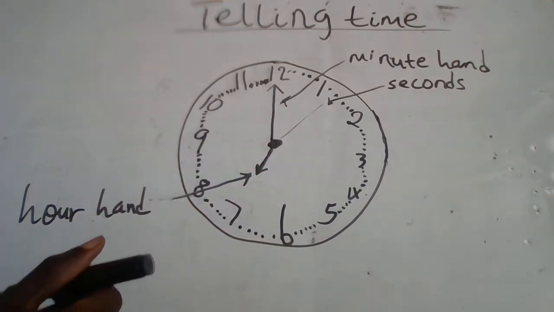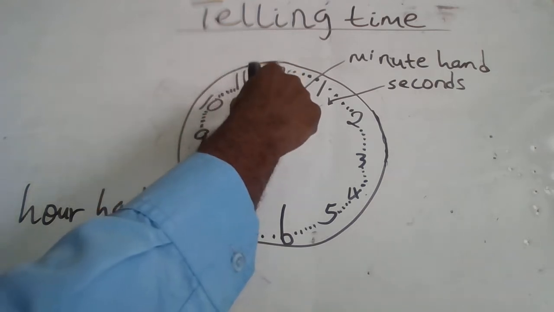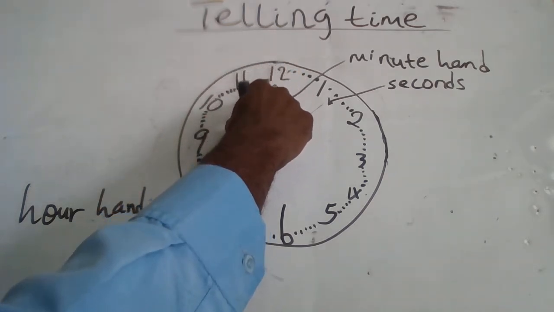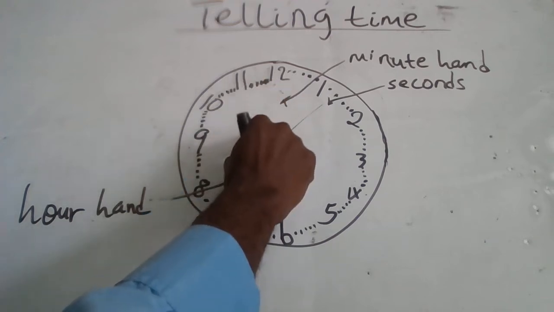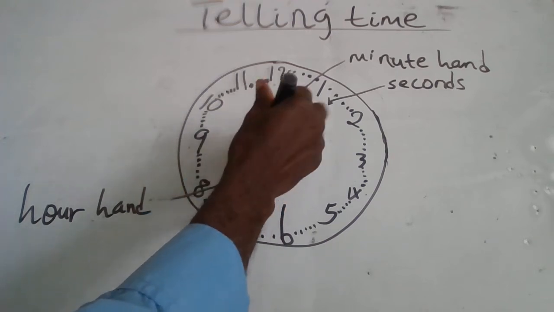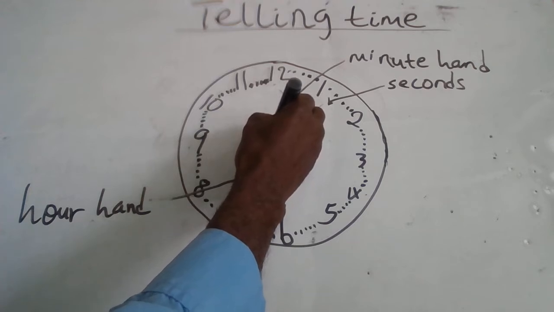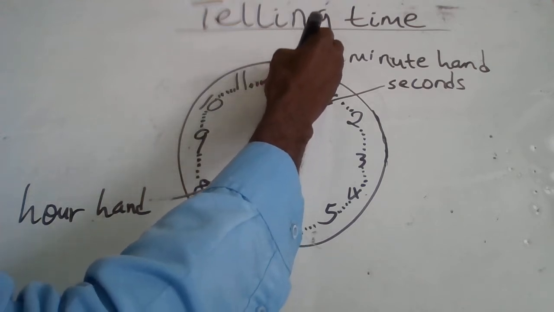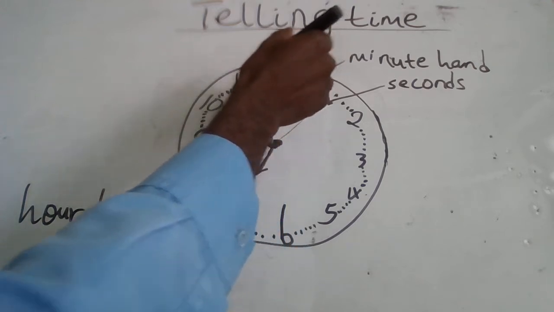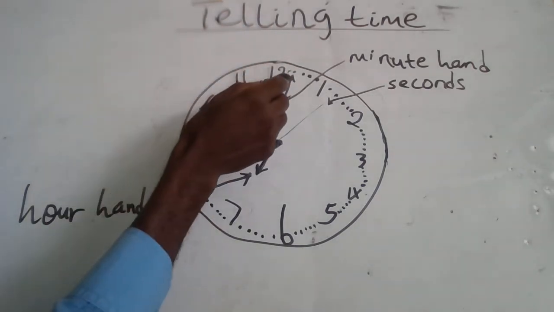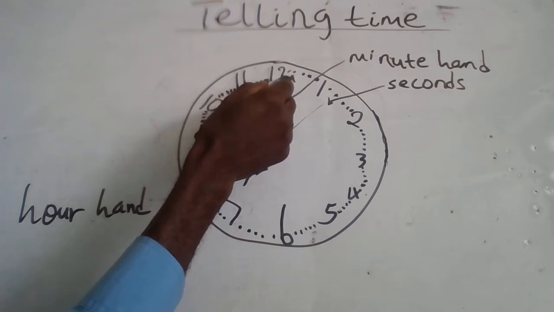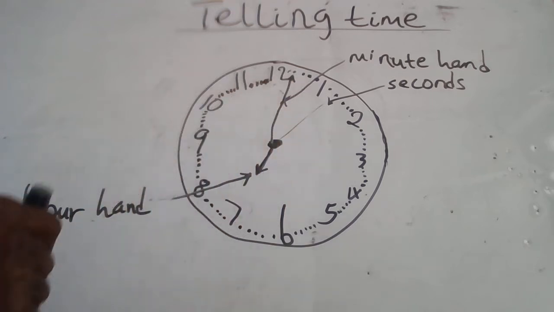Now if the minute hand moves to the second point there, we say that the time is 2 minutes past 7.